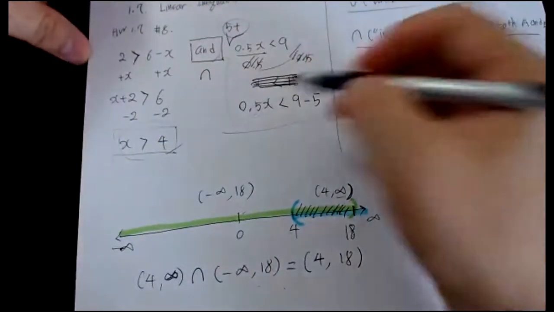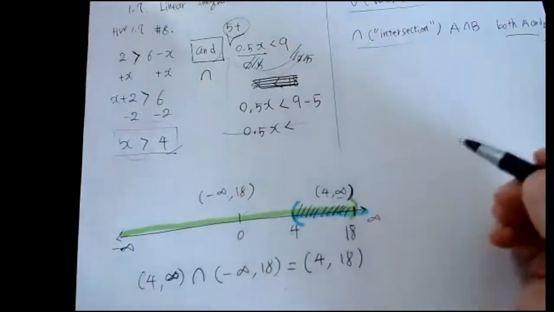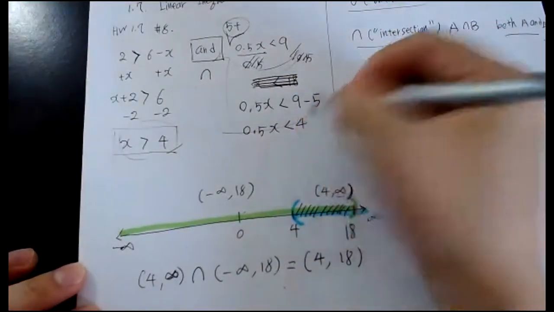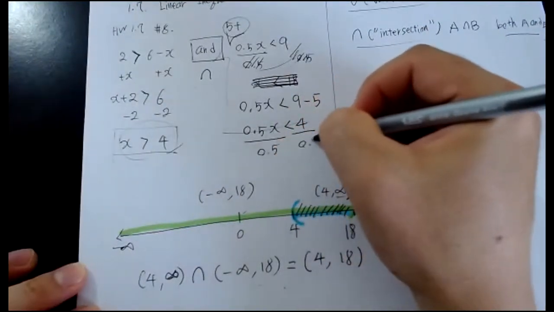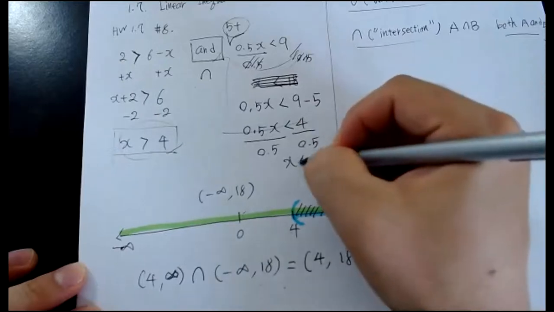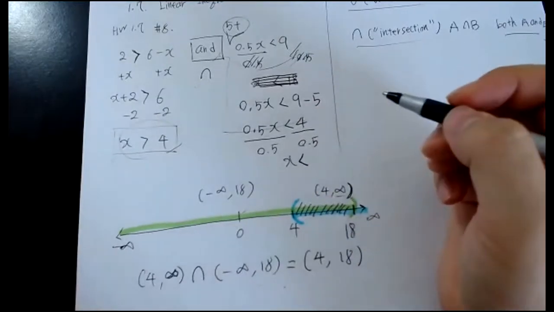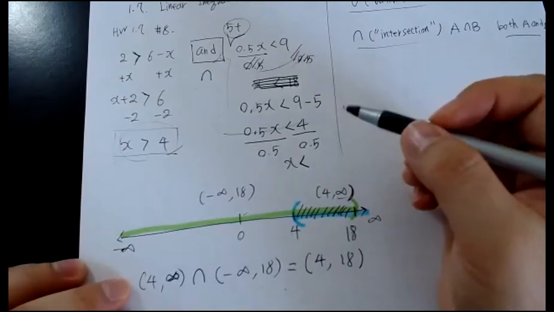Okay. So then we get 0.5x is less than what? 4, and then divide by 0.5. Then we get x is less than. We get the same inequality direction as the original, because we didn't divide by a negative number.